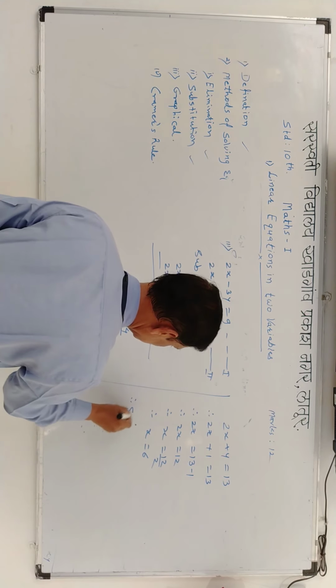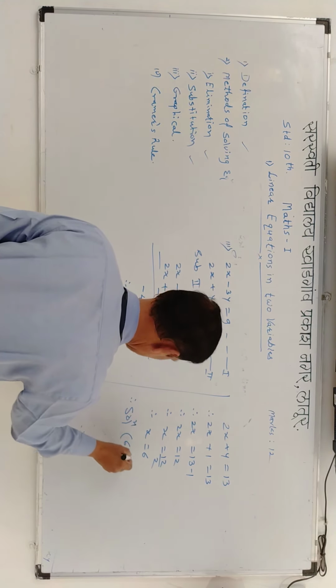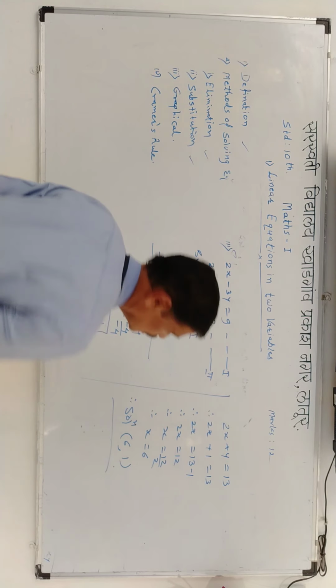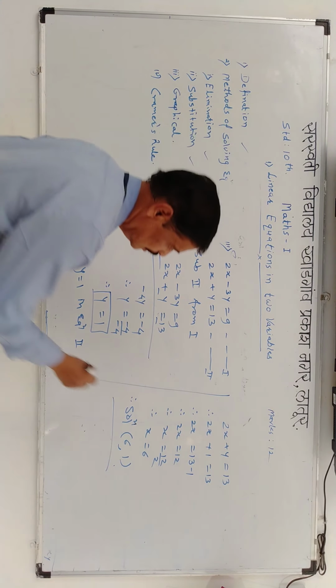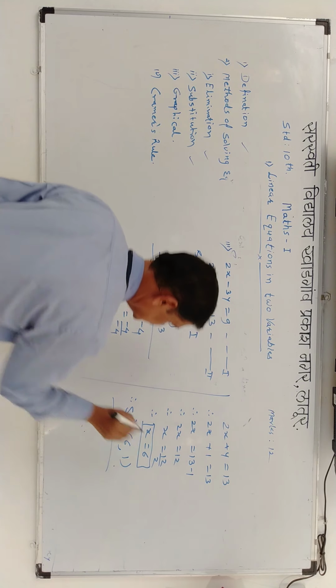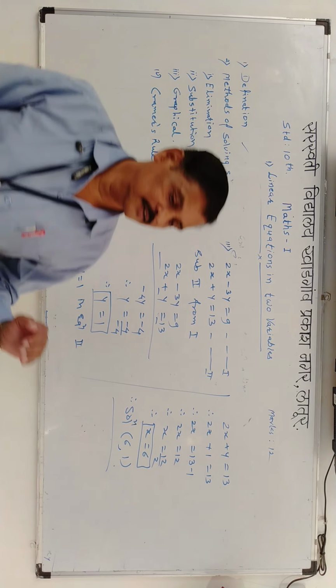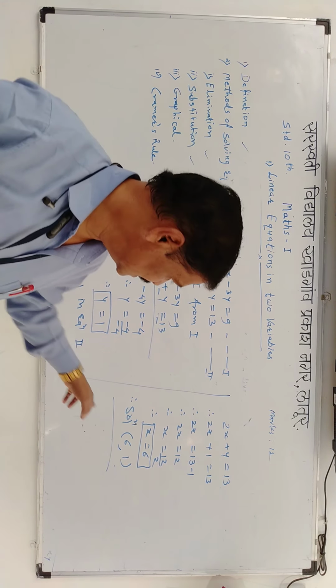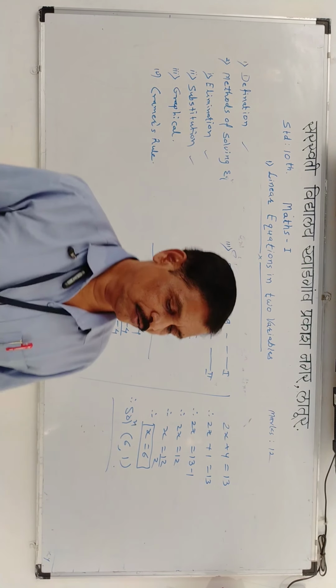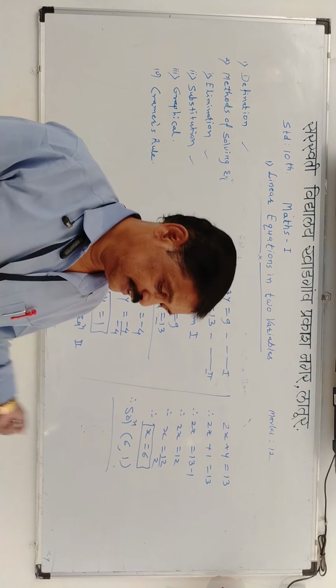Therefore, the solution is 6 and 1. These two are the solution, means the point is (6, 1). Coordinates of the point are 6 and 1.